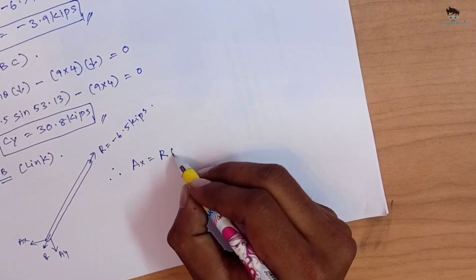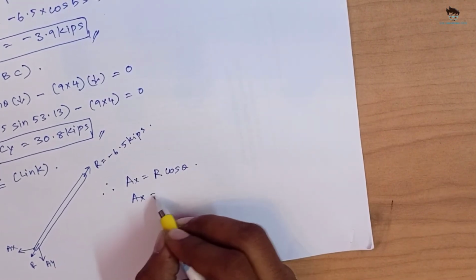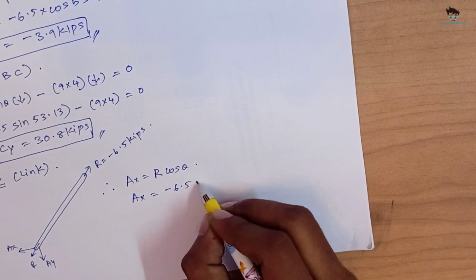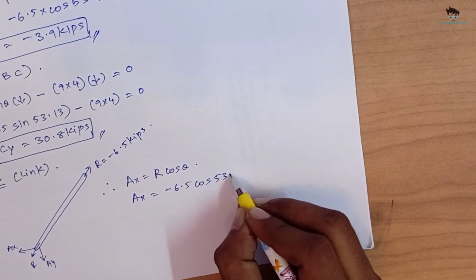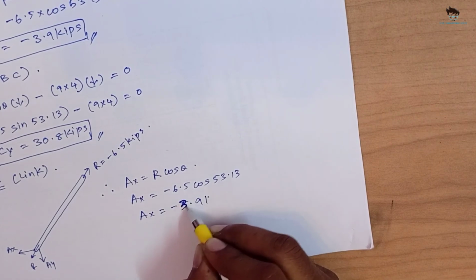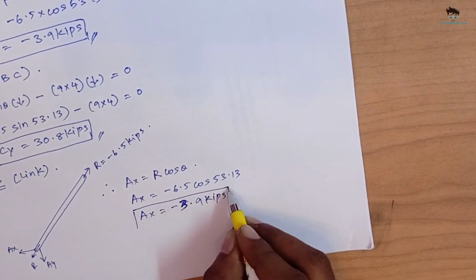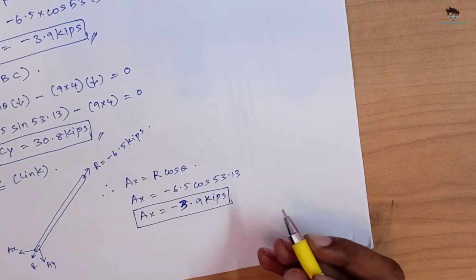By substituting the values of R and theta, we will get Ax is equal to minus 3.9 kips. Again, the direction must be changed to the opposite side.